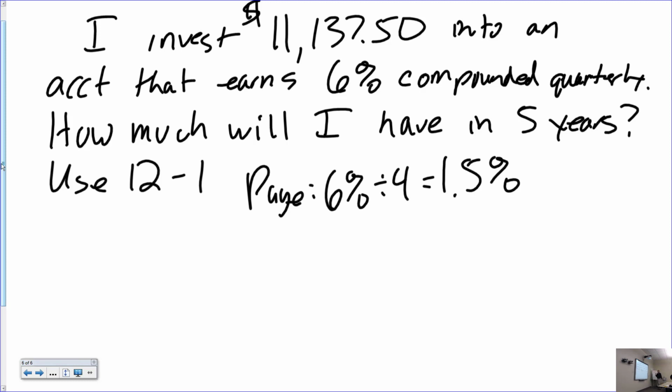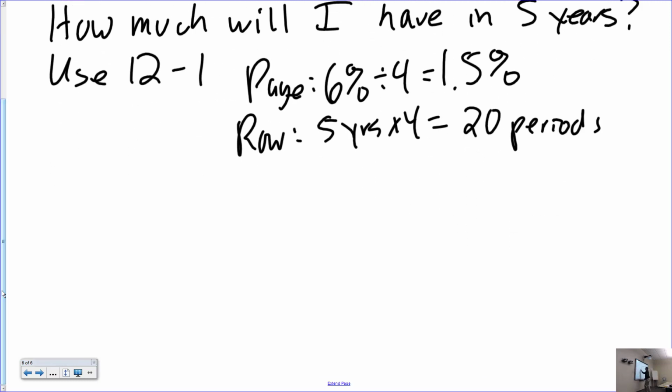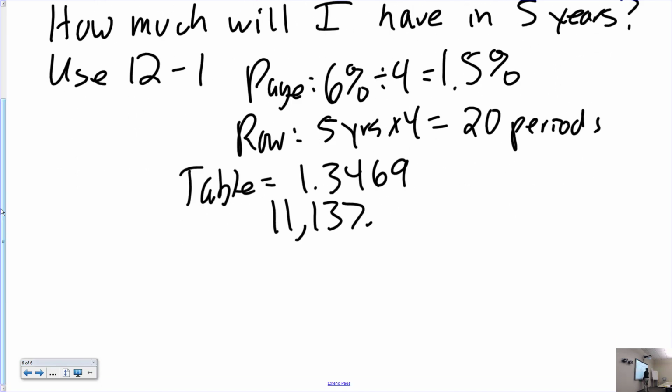What row are we going to go to? 20, because it's 5 years, 4 quarters per year, 20 periods. So what's our table value? 1.3469. Multiplied by your $11,137.50.